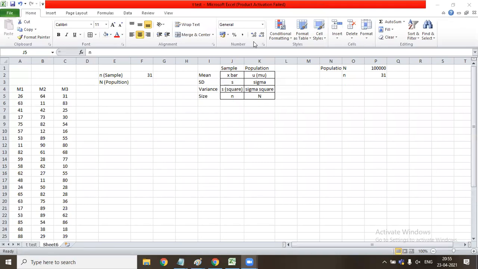So ANOVA basically works like this: the principle of ANOVA is that it tries to identify whether the variation between the samples, say M1, M2 and M3, is say 5, and within M1 the variation is say 4, within M2 it is 5, within M3 it is 6.